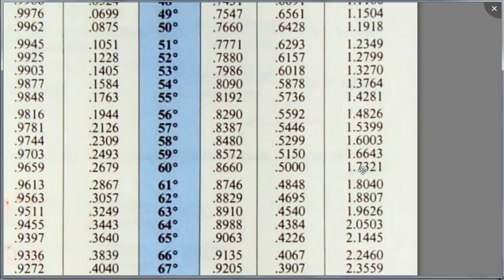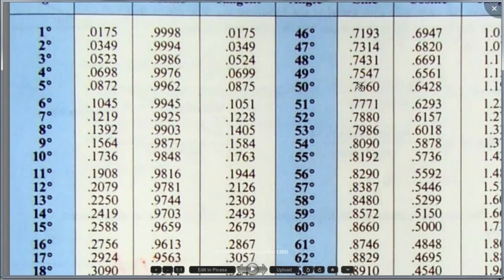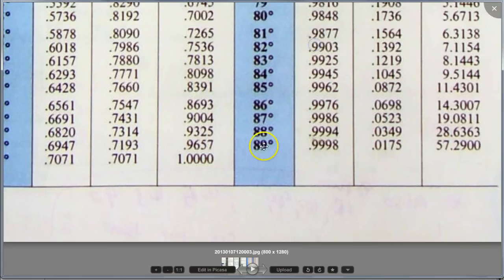So this table, not only do they have the ones like 30, 60, they have one for 1 degree. It's about 0.0175. They did it for you. So you got a table that has all the tangent ratios of degrees from 1 through 89. How come they don't have 90? Yeah, it's undefined, okay? Because you don't have an opposite.